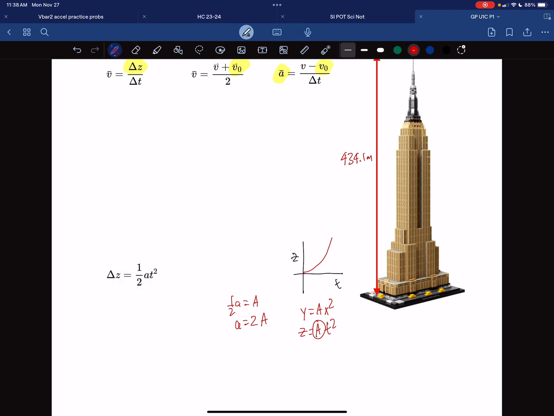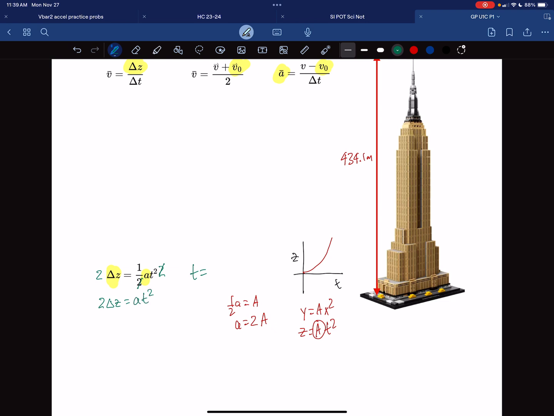But in any case, we can use this equation to find out some values. First, we know delta Z, and we know A, we just don't know T. So our first step is to solve this equation. What we want in the end is an expression that says T equals. Starting from left to right, we need to get rid of this 2, so we multiply both sides by 2. That gives us 2 delta Z equals A T squared.